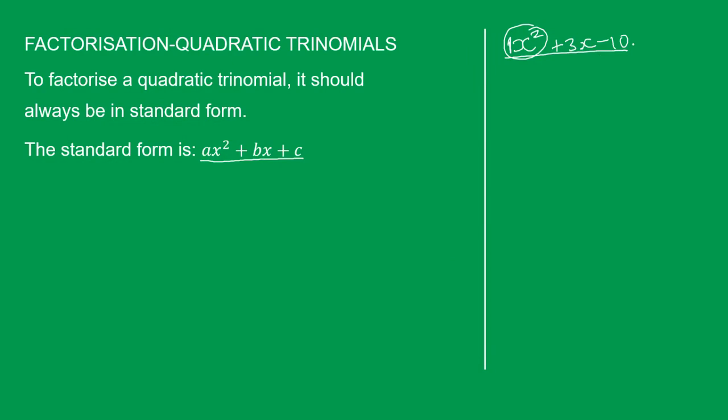Let's say I have the same expression written like this: 3x minus 10 plus x squared. I cannot factorize it when it's in this form. I have to write it in standard form. I have to start with x squared, then followed by 3x, and then the constant is always the last term.